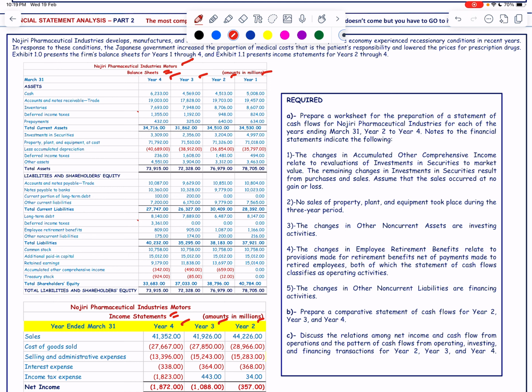Number 1, the changes in accumulated other comprehensive income relate to revaluations of investments in securities to market values. The remaining changes in investments in securities result from purchases and sales. Assume that the sales occurred at no gain or no loss.